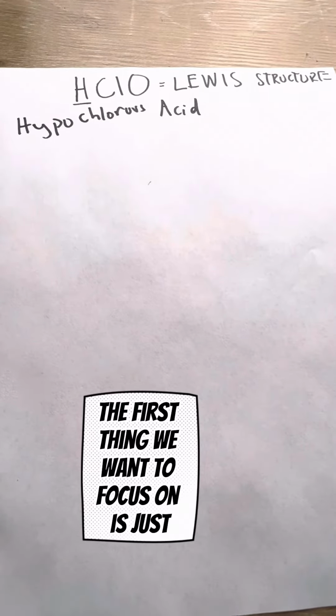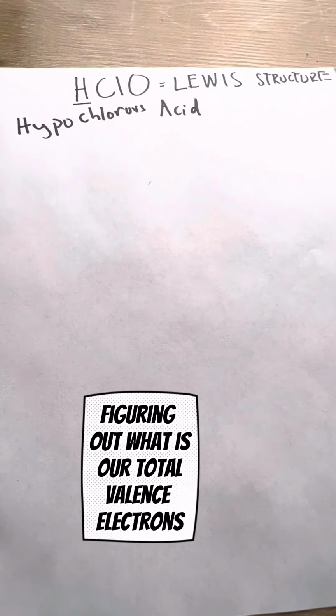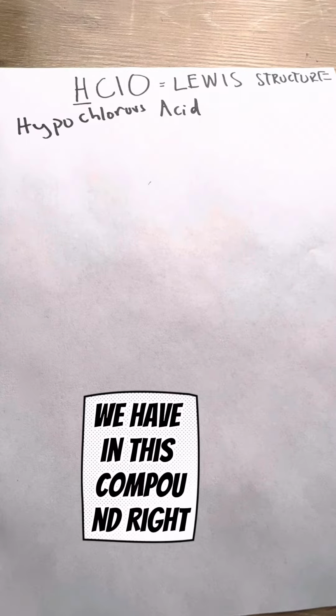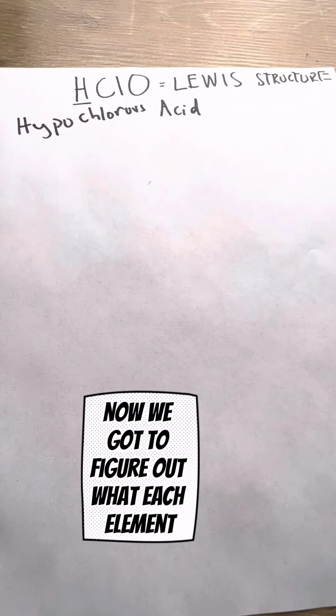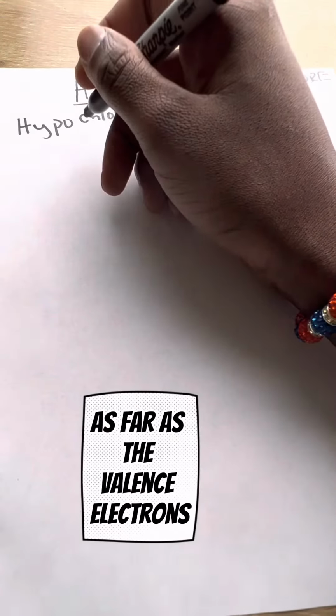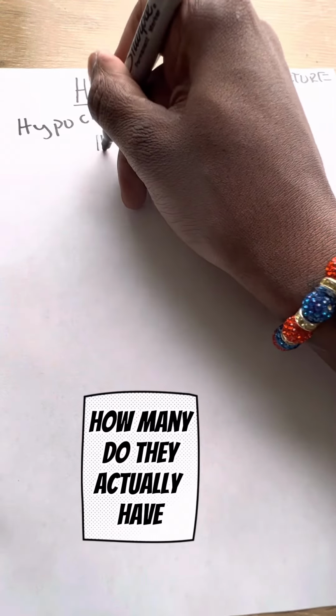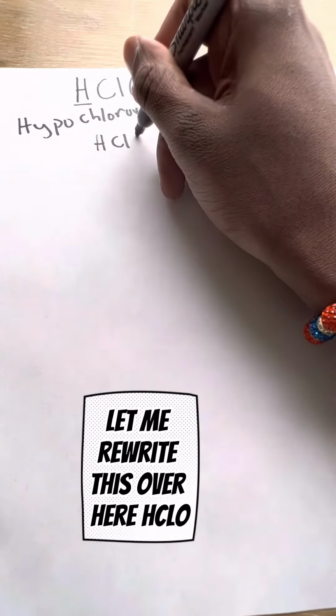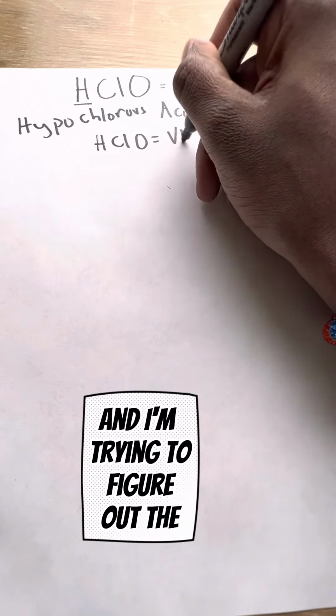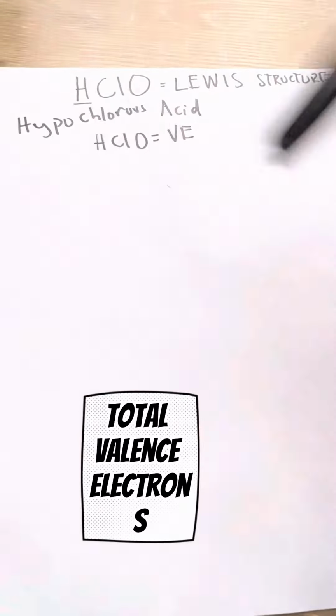All right, so the first thing we want to focus on is just figuring out what our total valence electrons are in this compound, right? So now we have to figure out how many valence electrons each element actually has. Let me rewrite this over here, HClO, and I'm trying to figure out the total valence electrons.